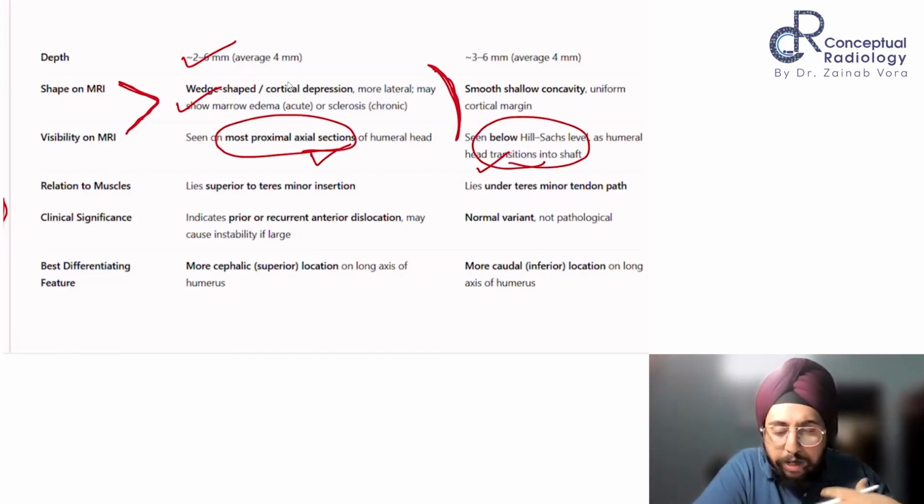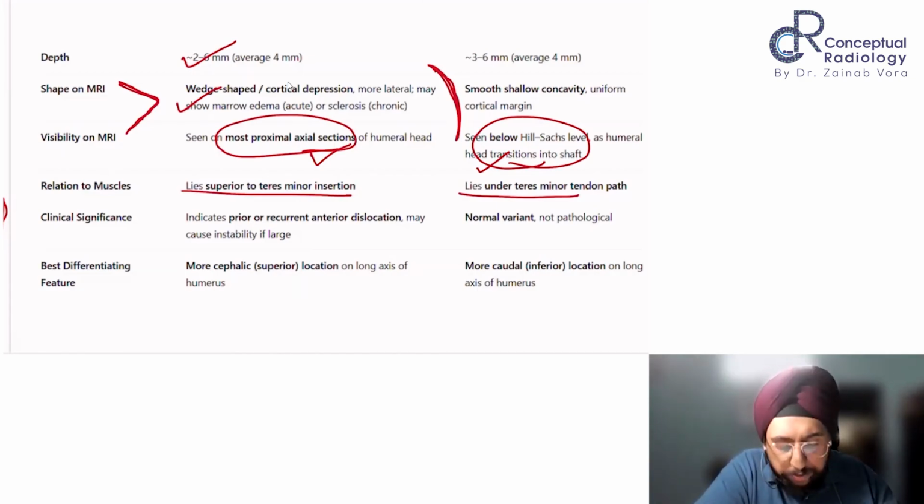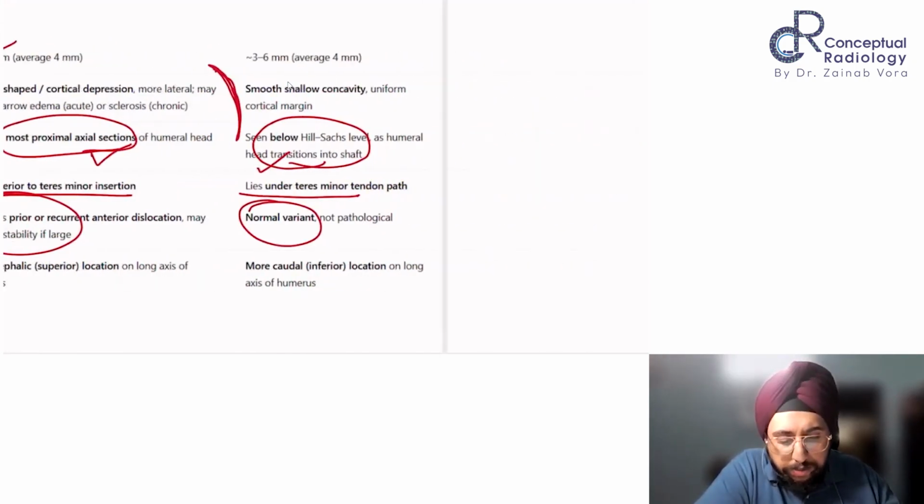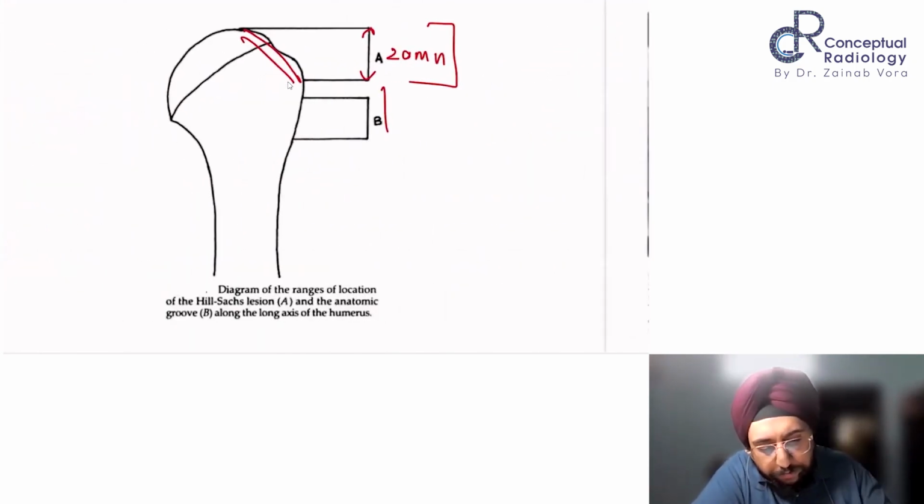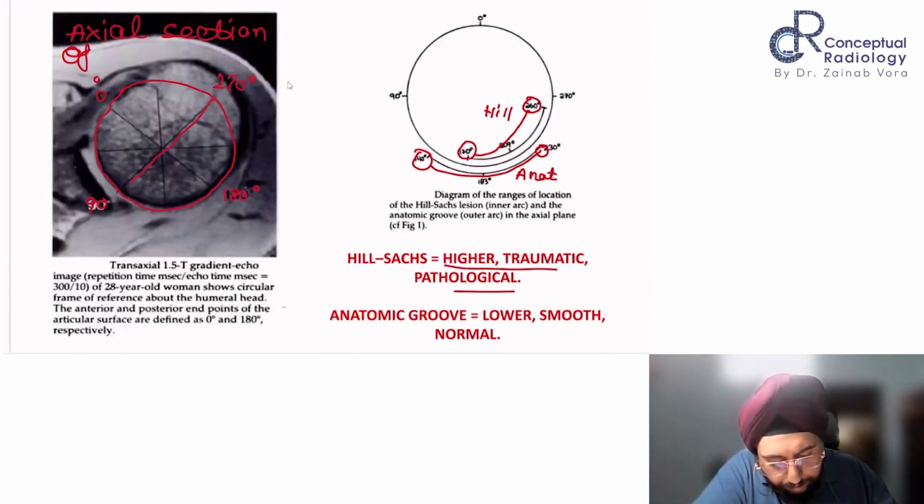In relation to the muscles, it will be superior to the teres minor insertion and under the teres minor path. It's a normal variant, and it obviously suggests a prior anterior dislocation. So the first 20 mm is Hill-Sachs. After that, we have the normal anatomical groove. So Hill-Sachs is higher, traumatic, pathological, and more lateral.